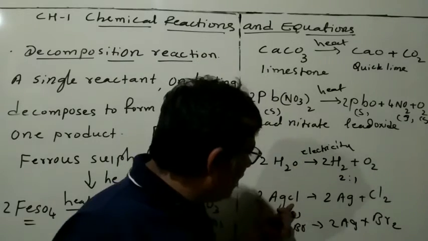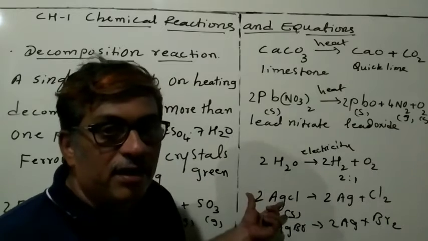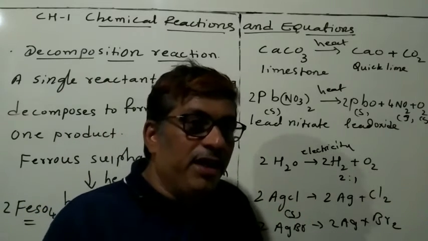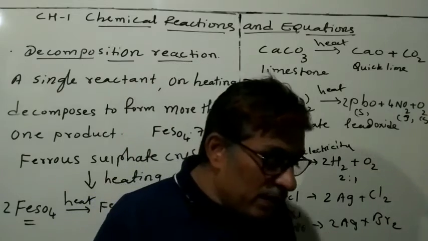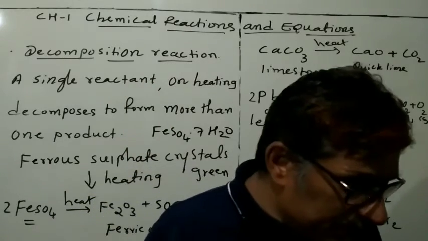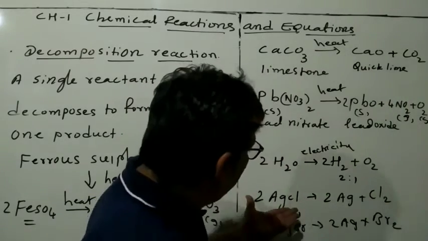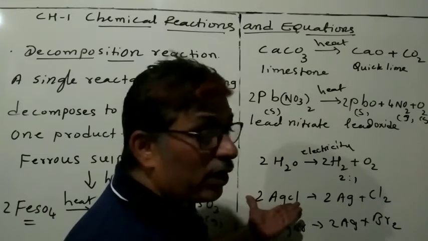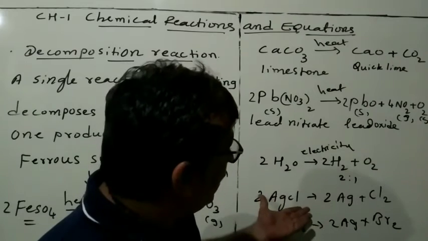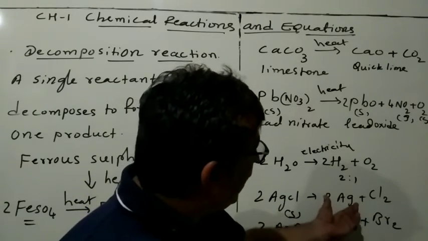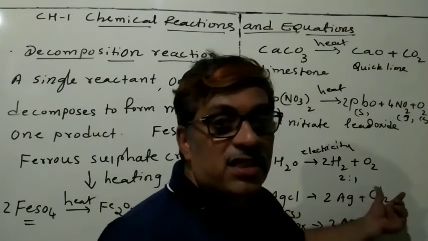And this one, when silver chloride is decomposed by keeping it under sunlight, this white color silver chloride breaks down into grey color silver and chlorine gas is formed.